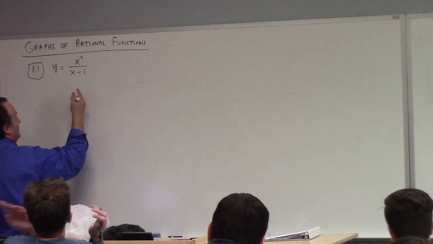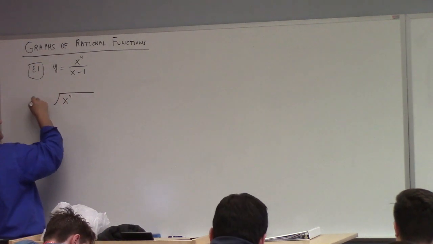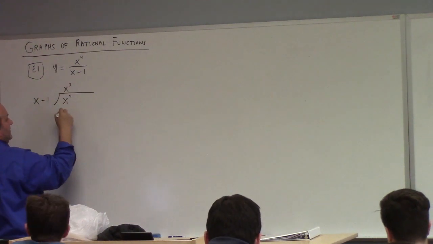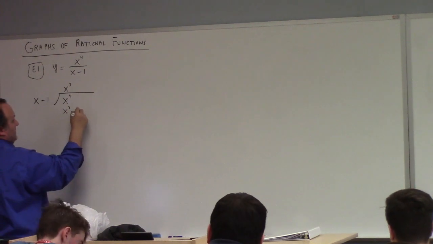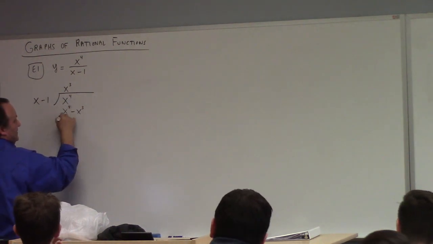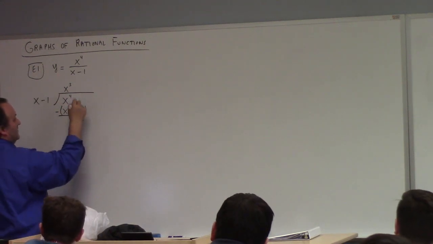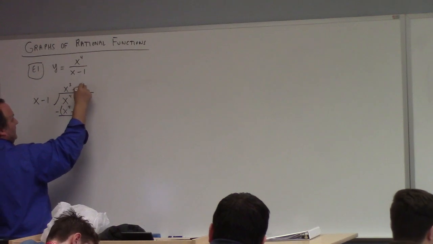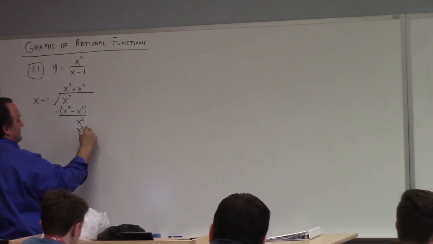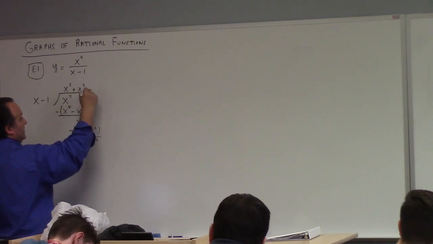First of all, I need to figure out how to divide that into x to the fourth. So I've got an x cubed. That gives me x to the fourth minus x cubed. Polynomial division. And that gives us x cubed, so I get plus x squared. So I have x cubed minus x squared, which gives me x squared, so I get plus x here.